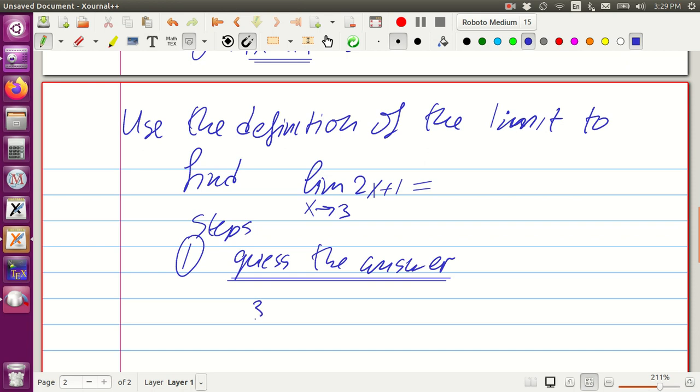So we're going to take x equals 3 and plug it into 2x plus 1. So it's equal to 2 times 3 plus 1, and if we calculate it, we're going to get 7. So we guessed our answer, we know this will be 7.